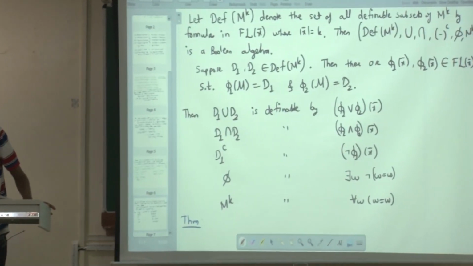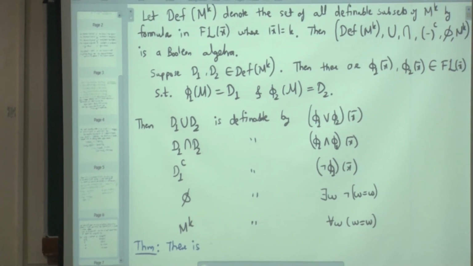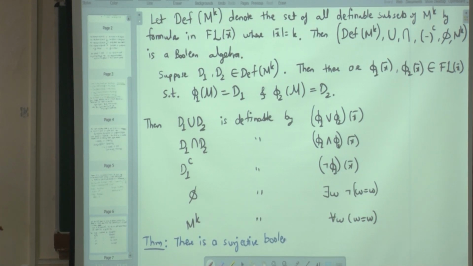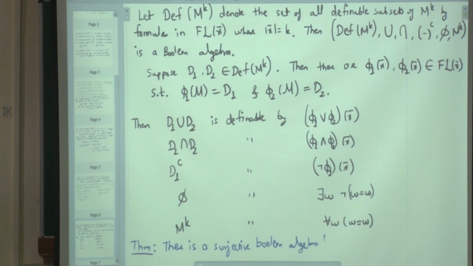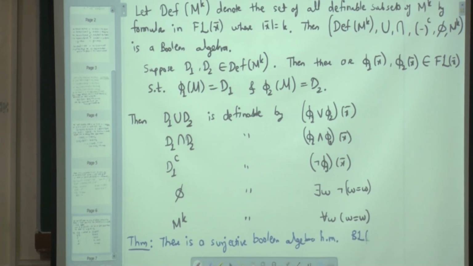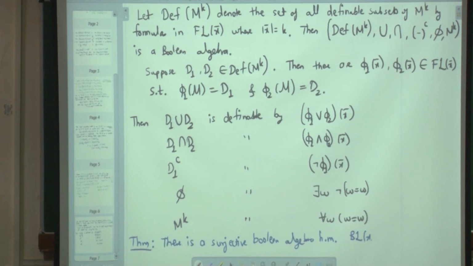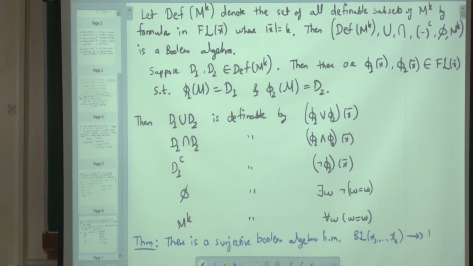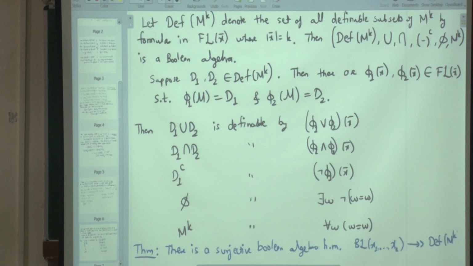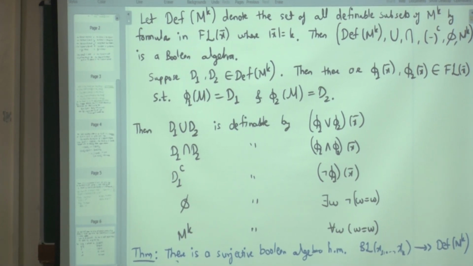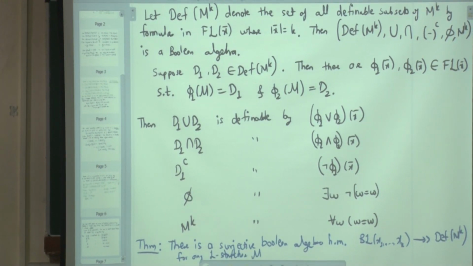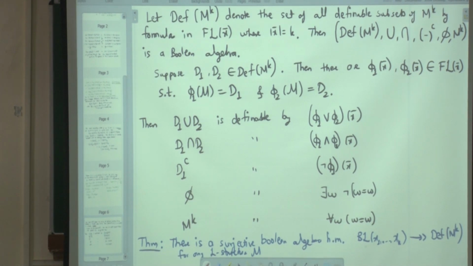So there is a surjective Boolean algebra homomorphism from BL x bar, I mean maybe I should write BL x1 x2 ... xk, to Def M to the power k, for any L structure M. And what is this particular map?